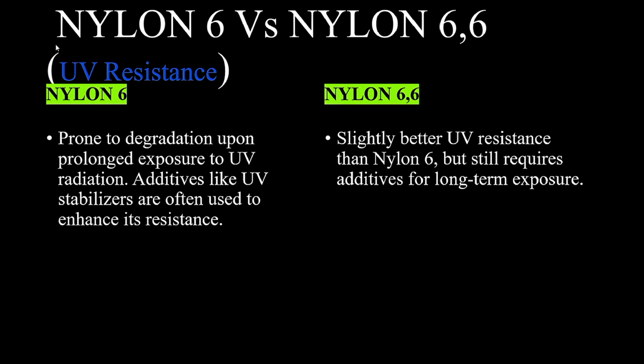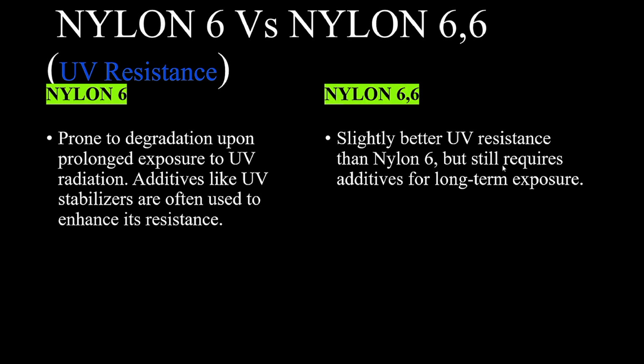Further, the difference with respect to UV resistance. Nylon 6 is prone to degradation upon prolonged exposure to UV radiation. Additives like UV stabilizers are often used to enhance its resistance. Nylon 6,6 has slightly better UV resistance than nylon 6, but still requires additives for long-term exposure.